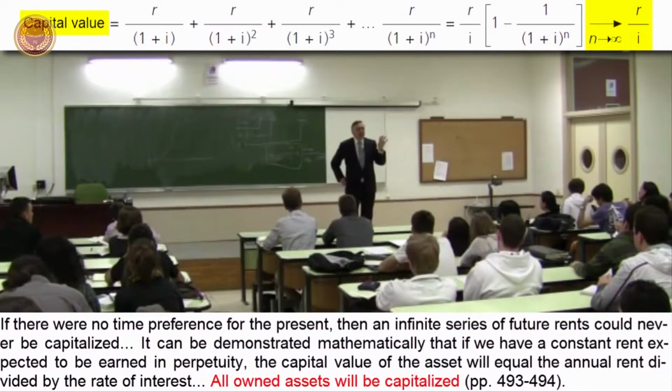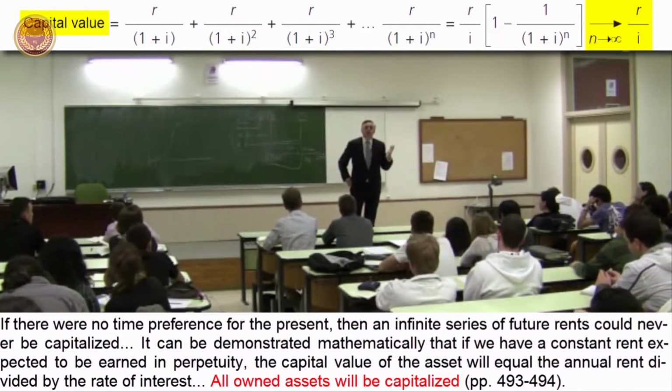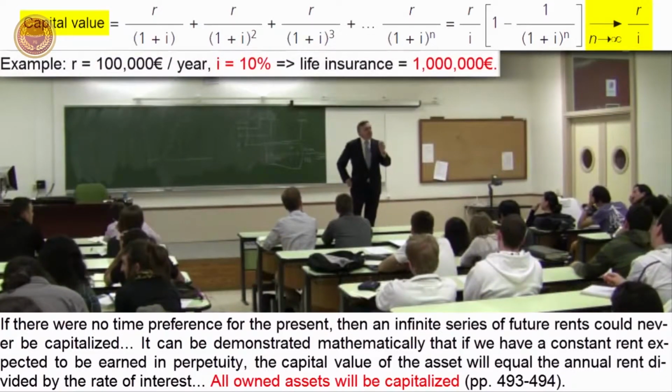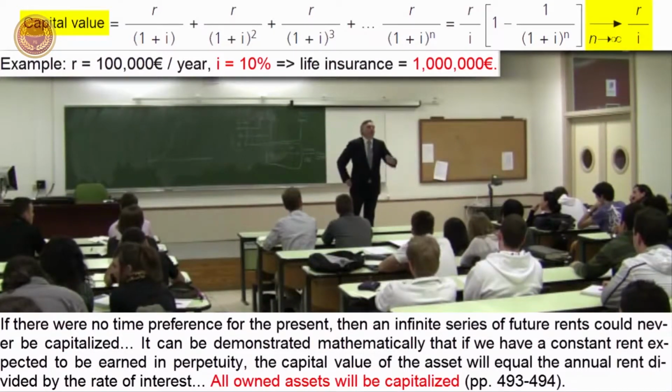That way, even though they are very sad, and I cannot be with them or watch my children grow up, at least they will have the same income they would have had if I had been there. If the interest rate is 10%, how much capital do I need to insure? What is my life worth in economic terms? 1 million. I need to take out an insurance policy of 1 million euros.